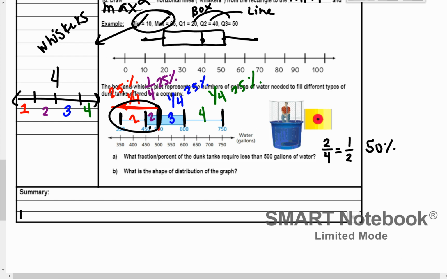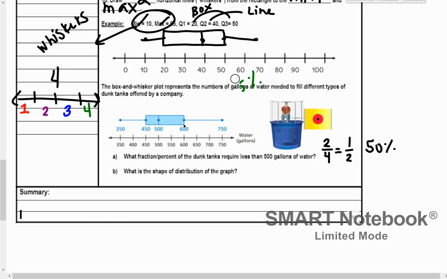Last question is going to ask, what is the shape of distribution for the graph? So I'm going to erase all the things that I drew on this so we can visualize it a little better. When we learned shapes of distribution with histograms, it was that tail that we looked for. We had that bell curve, and the side with the longer tail was the side that it's skewed. So in a box and whisker plot, same thing.